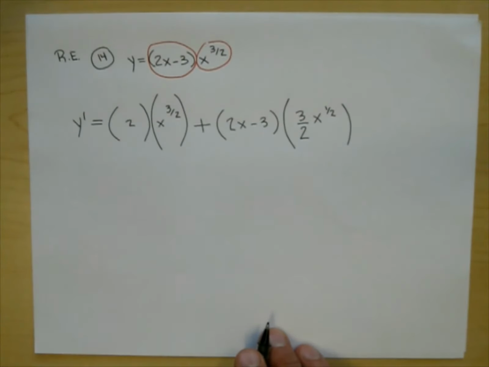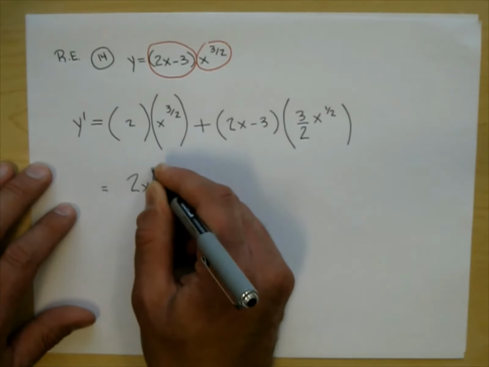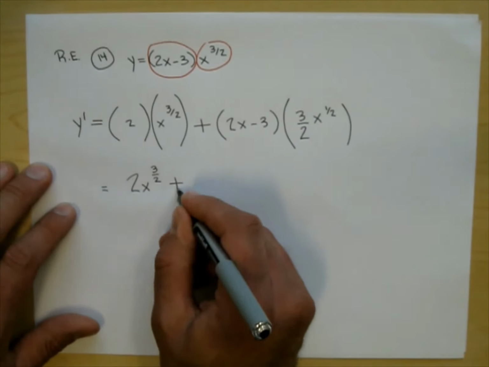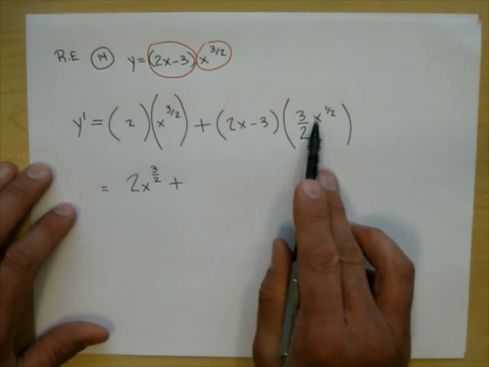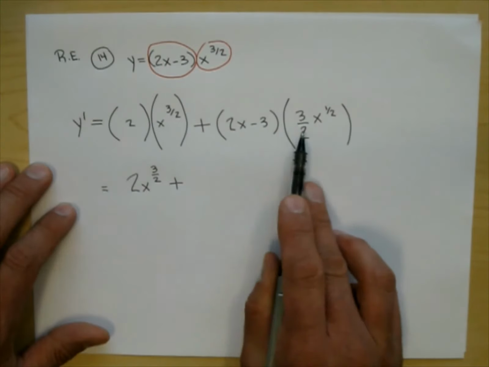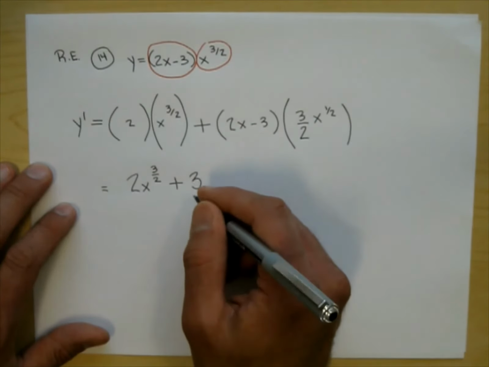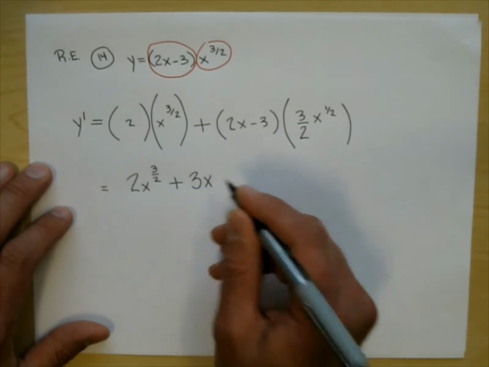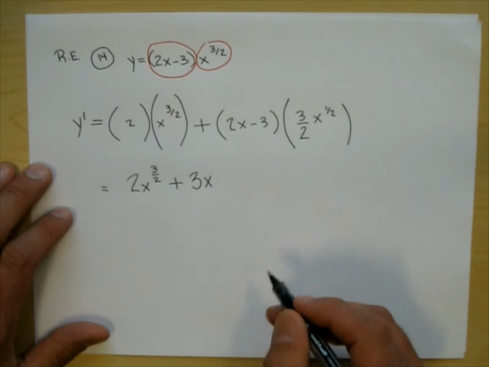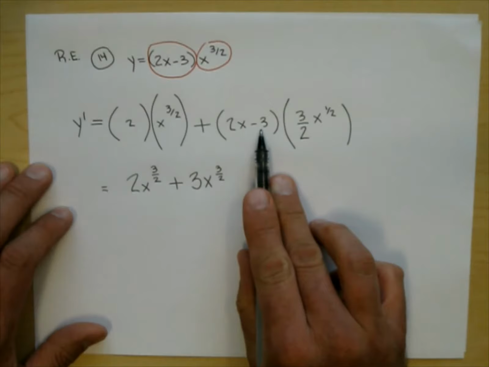Okay, so now we'll continue. This is 2x to the 3/2, and then plus, I'm going to go ahead and distribute this guy into these terms here. So the first one, the 2's are going to cancel, and I'm going to have 3x, and I have an x to the 1 there, times x to the 1/2. So you add the exponents. This is 3/2. And then I go ahead and multiply this.